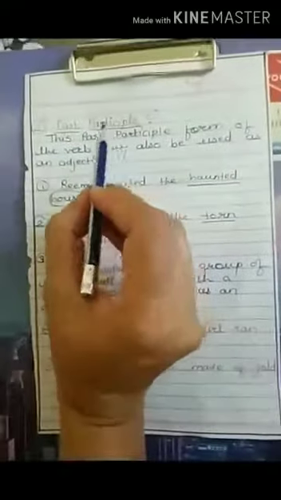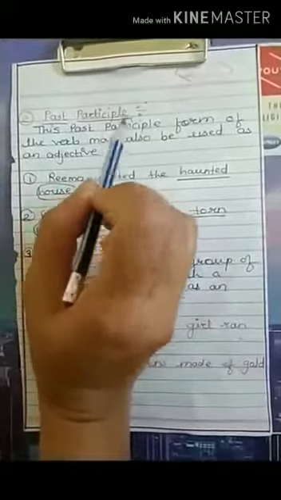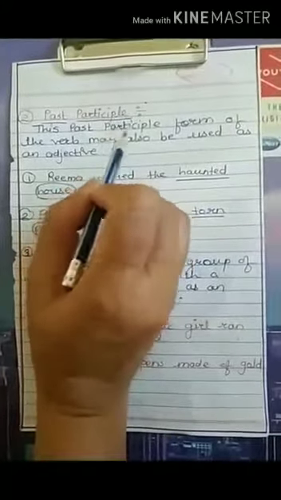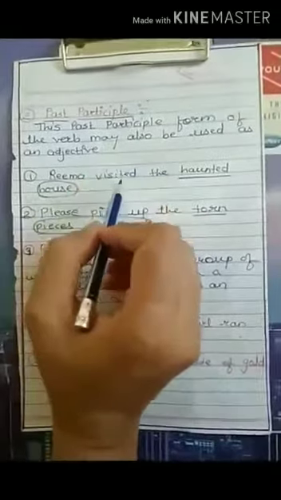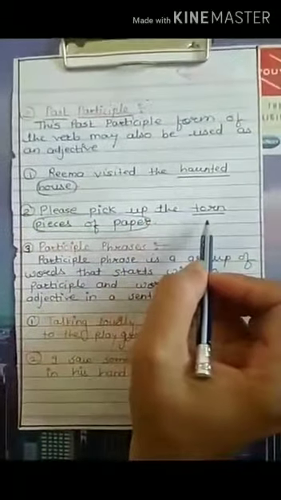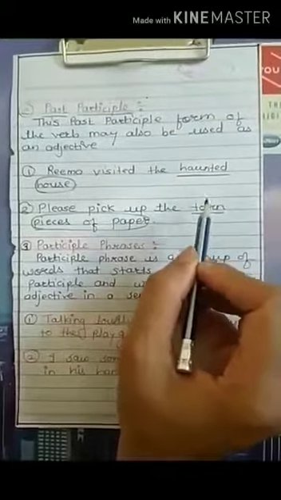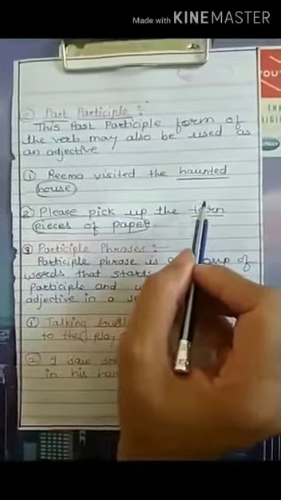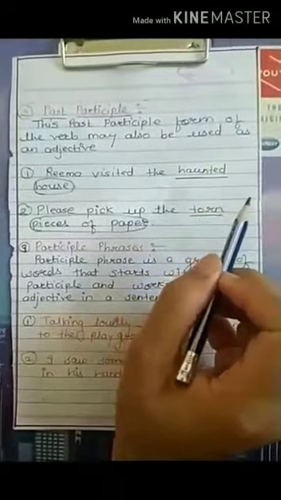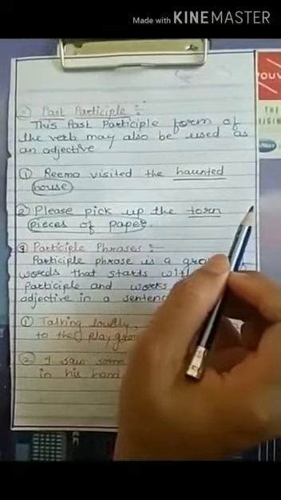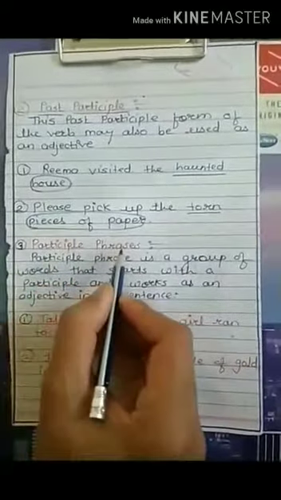Past participle form of the verb is most probably used in perfect tenses. Here, haunted and torn, these are also past participle form of the verb, but they function here as past participle adjectives. Now, let us study participle phrases.